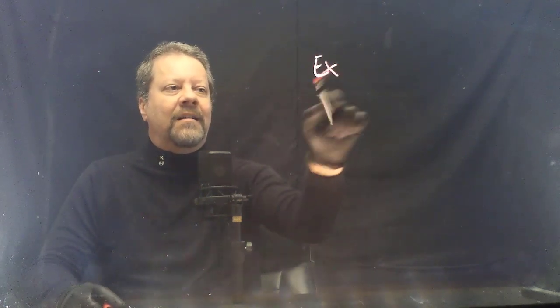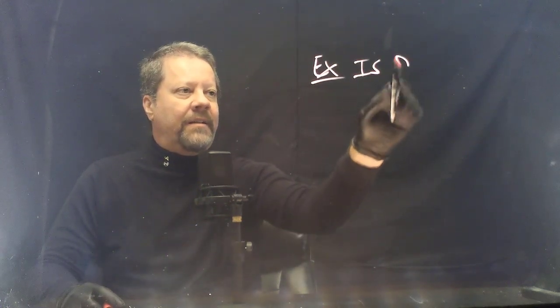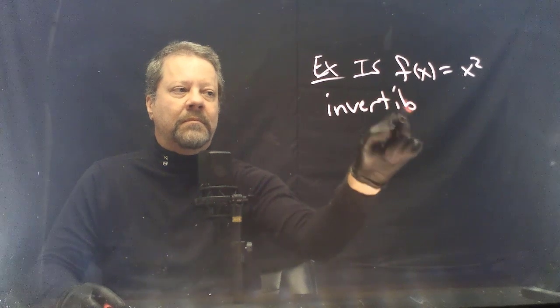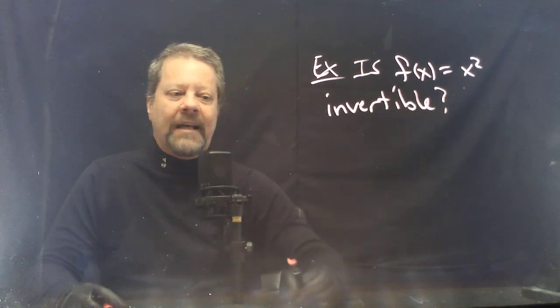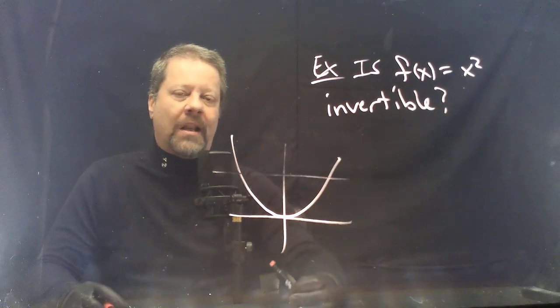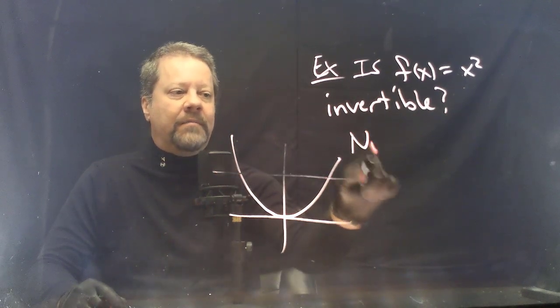A function is said to be invertible if its inverse exists. Is f of x equals x squared invertible? And the answer is no. The function does not satisfy the horizontal line test, so it's not one-to-one.